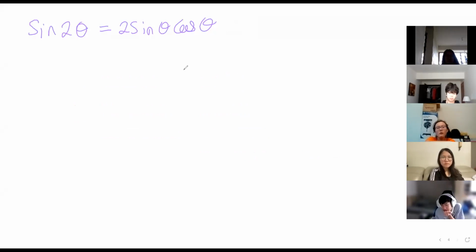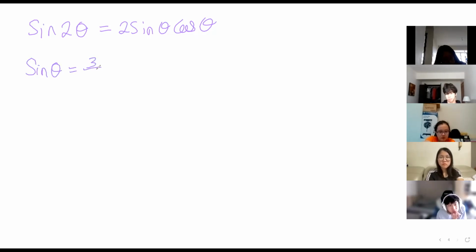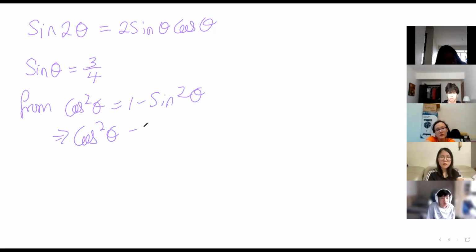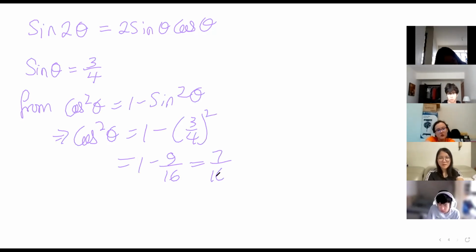In the question, you have sine theta is 3/4. So from cos squared theta, which is 1 minus sine squared theta, cos squared theta will be 1 minus 3/4 all squared, which is 1 minus 9/16, and that is 7/16.